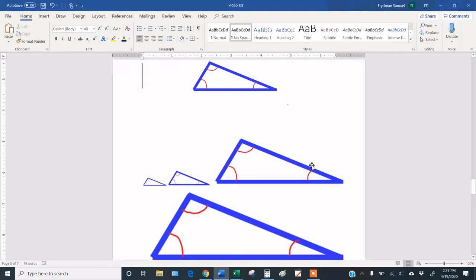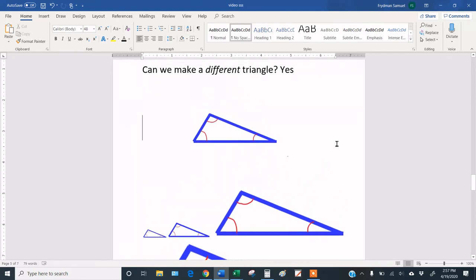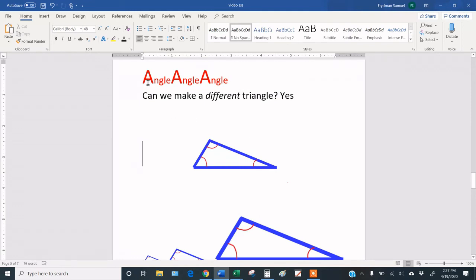So we didn't change the angles, we only changed the sides, but that's okay. We were allowed to do that because remember, the conditions that we were given were just A. So yes, we can make different triangles given angle conditions.